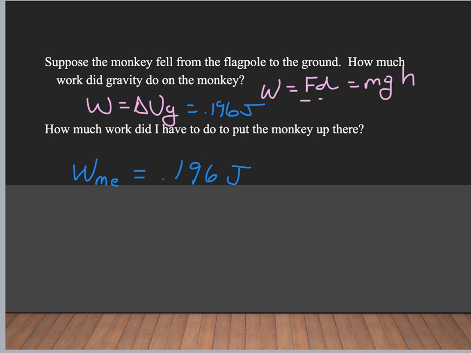Okay, the force I would have to exert is at least on average equal to mg, and I would have to raise it the height of 2 meters. All right, so the energy gained by the object is equal to the work done. So I would be putting energy into that system.